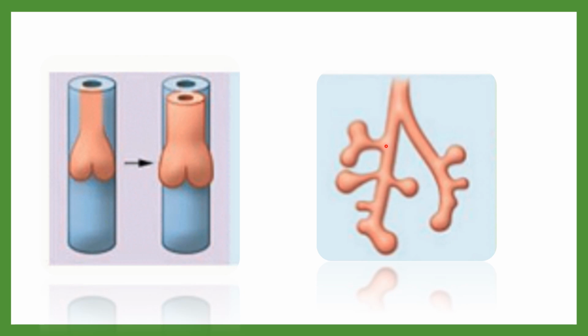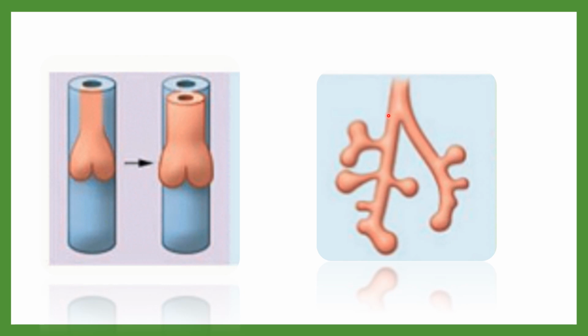After that the secondary bronchiole is going to form. This secondary bronchiole is going to differentiate the lobes of the lung, so that towards the right side three secondary bronchioles are developed and towards the left side two secondary bronchioles are developed.